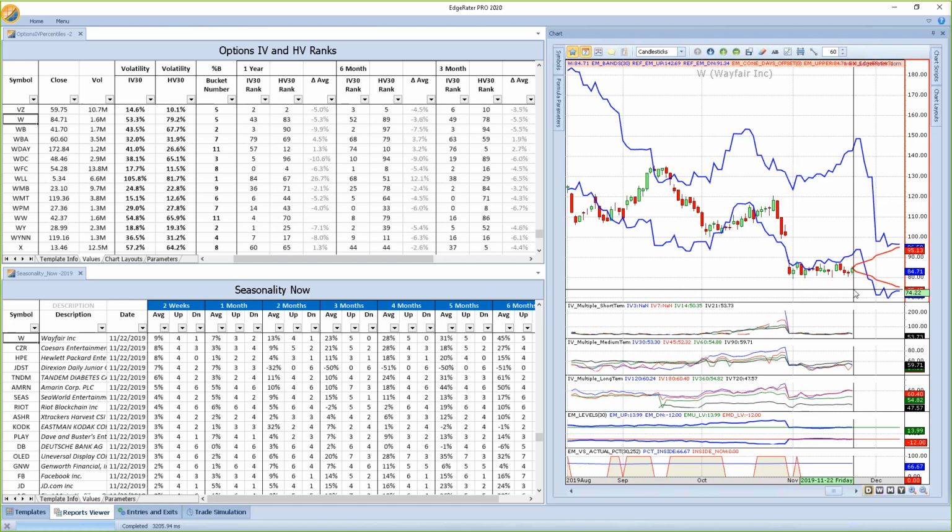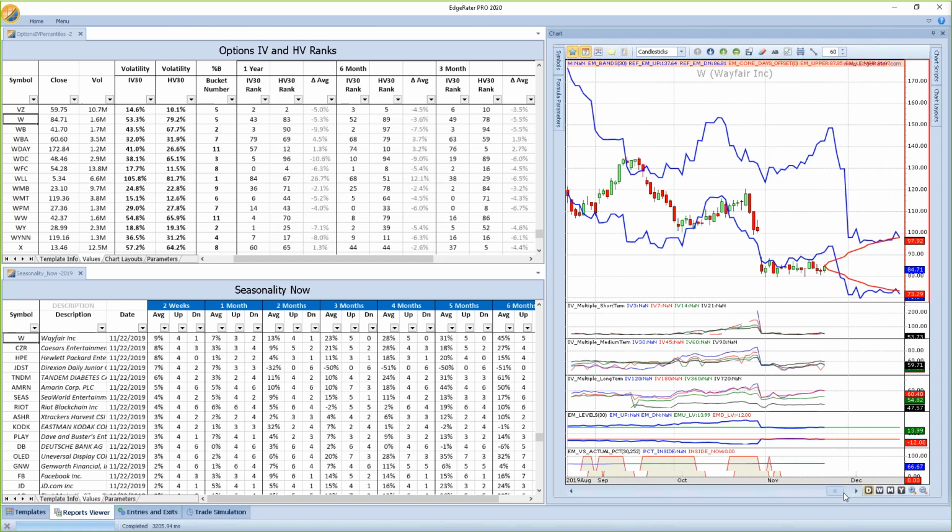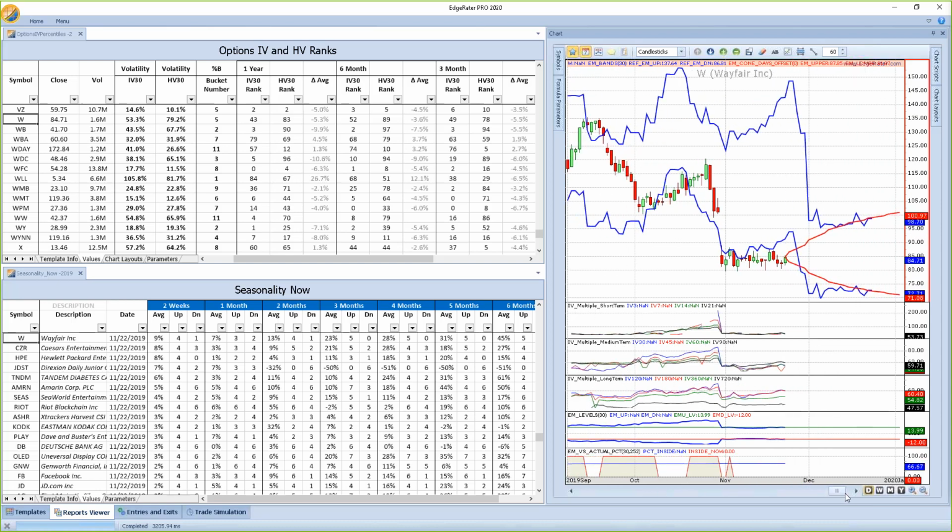So the options are pricing in that the price of Wayfair is going to be within plus $14 or minus $12. That's basically what the IV30 is giving you. But with your seasonality of 7%, that's all contained within the expected move.